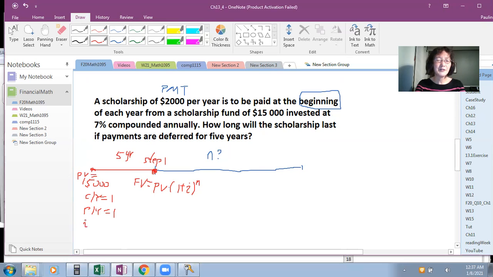I is 7% compounded annually, meaning divided by 1. And n equal to 5 years. So plug in PV 15,000, I 7%, N 5. You get the number 21,038.